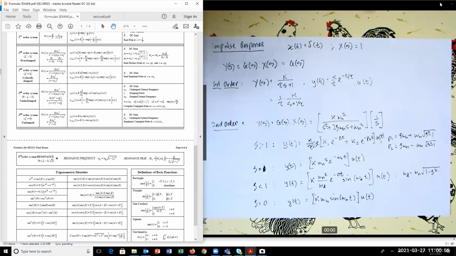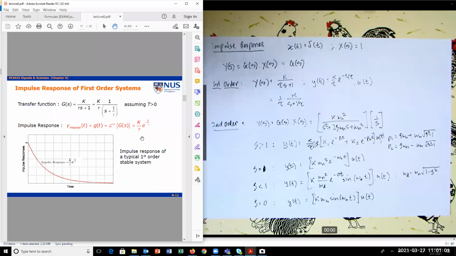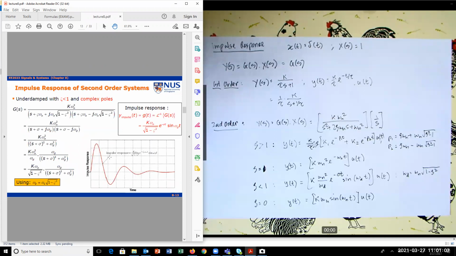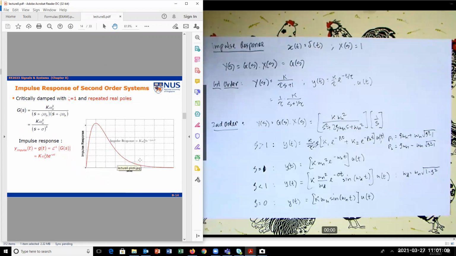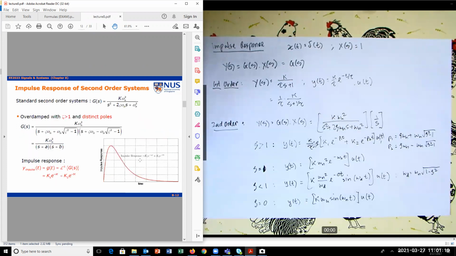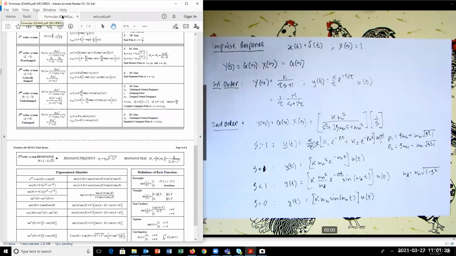We draw the graph for y(t): first order, then this is for the overdamped, this for the underdamped, this for the critically damped, and finally no damping. So those are the 4 diagrams. Any question?